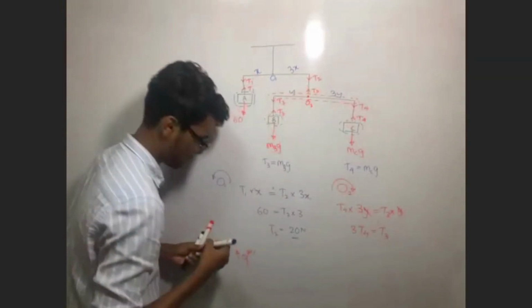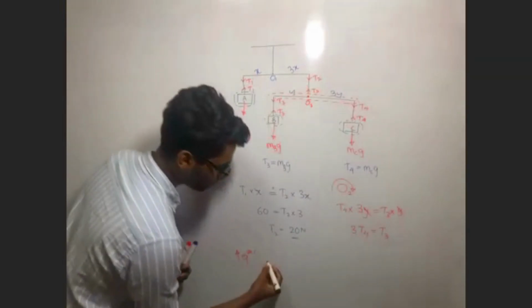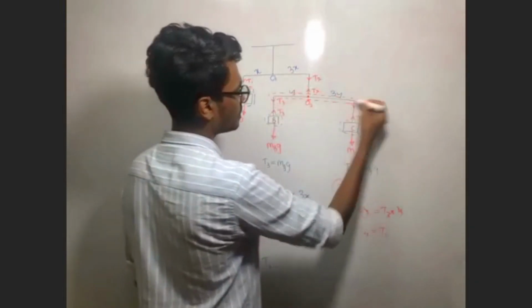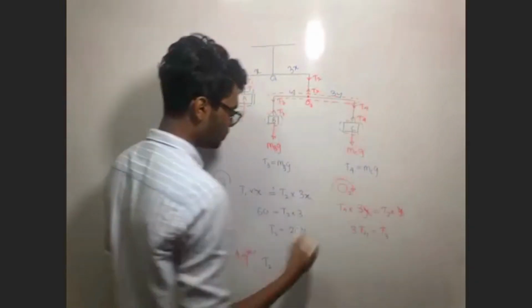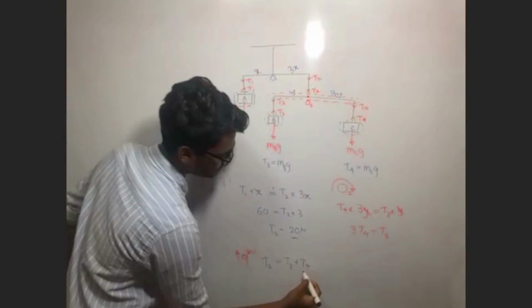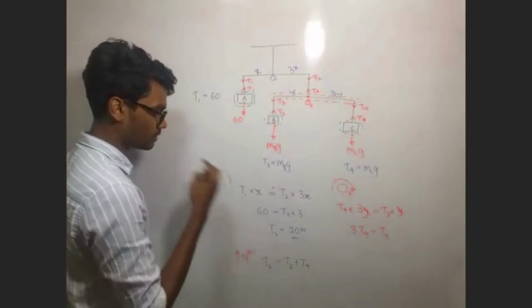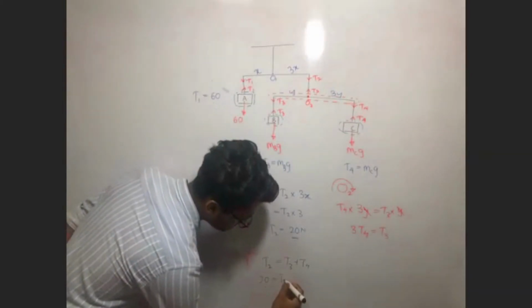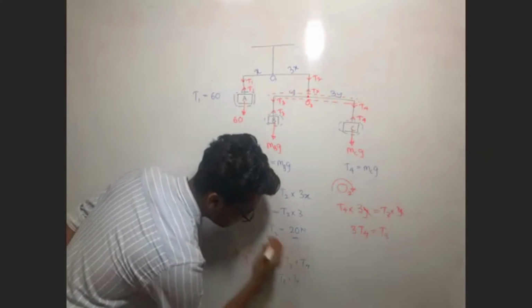T2. What is the downward force acting on the rod? T3 and T4, so T3 plus T4. T2 is 20, equal to T3 plus T4.